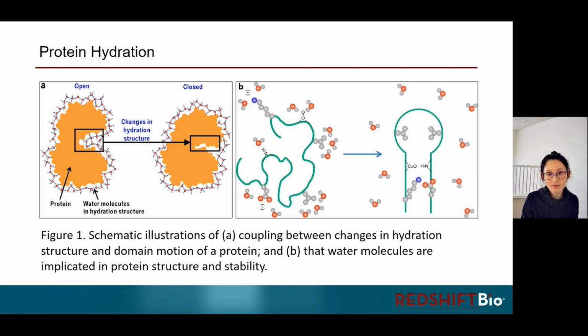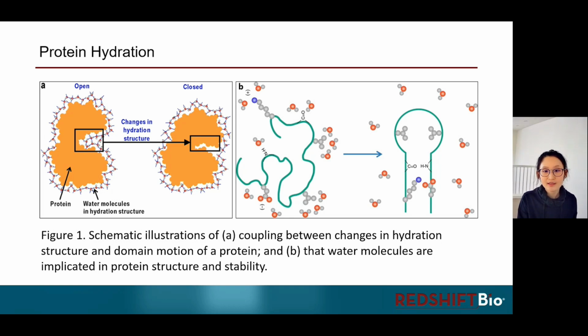So in this figure, we're illustrating a protein whose functional domain is indicated by a black rectangle. And once the protein is dissolved in an aqueous solution, it is surrounded by water molecules thanks to polarity.